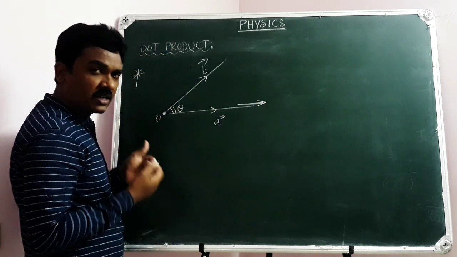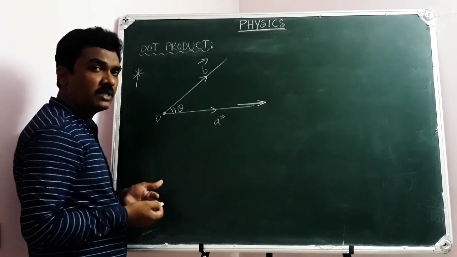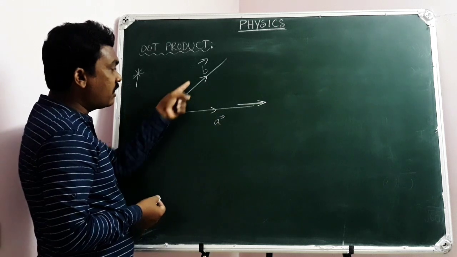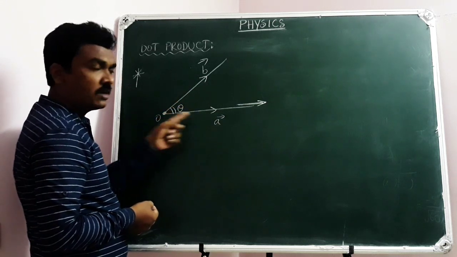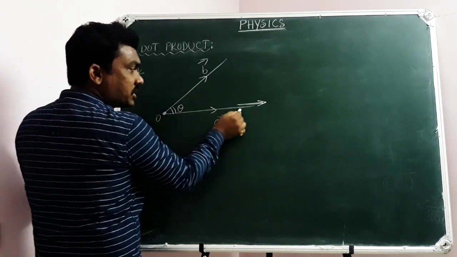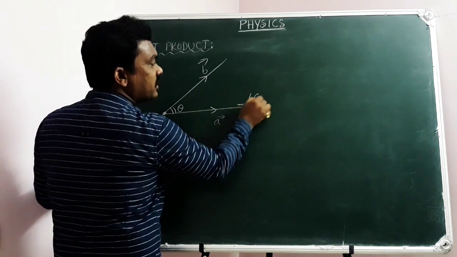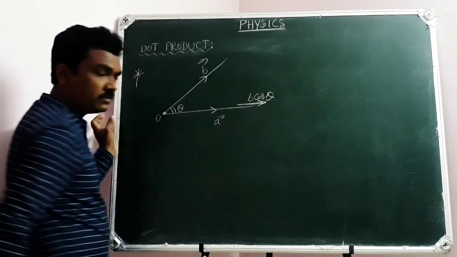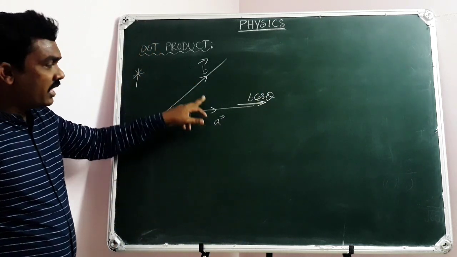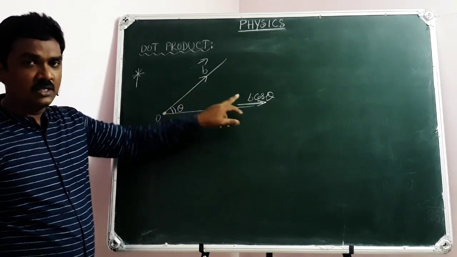I am trying to resolve the vector B bar into two perpendicular components. How much will that be? B bar makes an angle theta with A bar, so the component of B bar in the direction of A bar is B cos theta only.